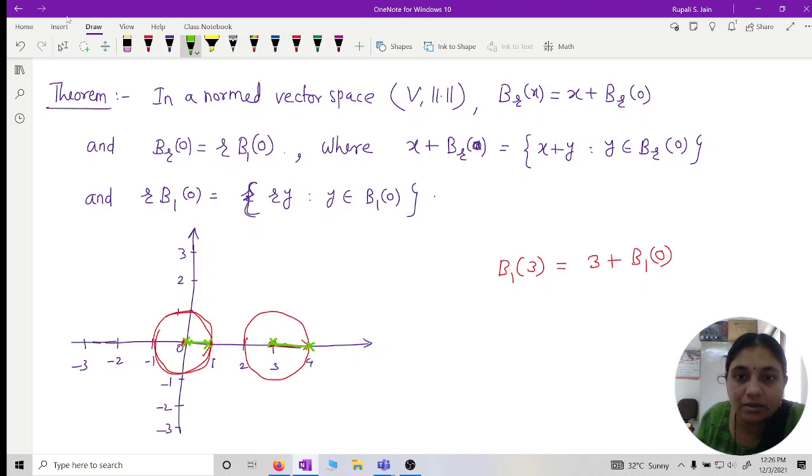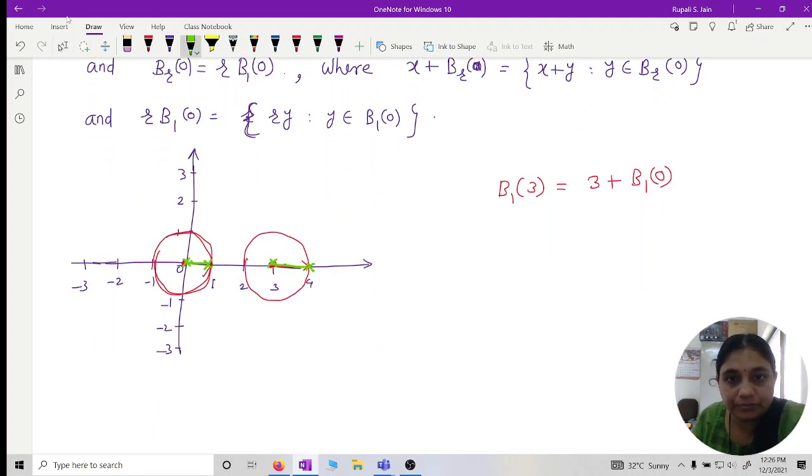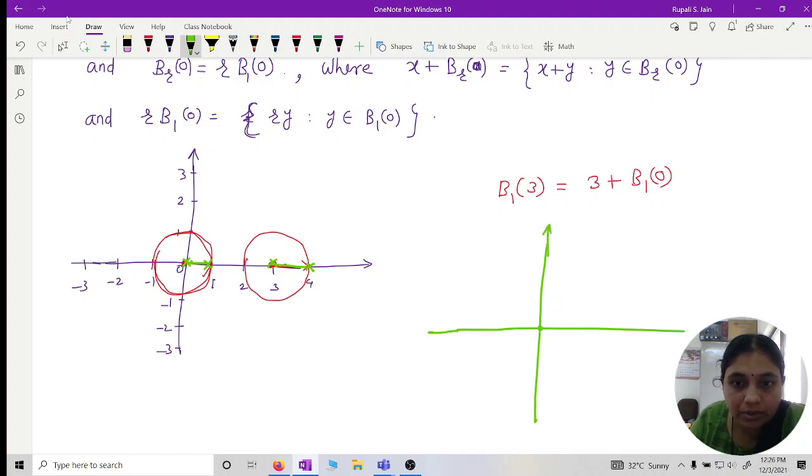Yes, so that is only in R2. And what is B_r at 0? The radius is r, the center is 0. How can I show you? Let us draw one. This is 0, center 0, suppose radius 1. So what will be B_2 at 0?